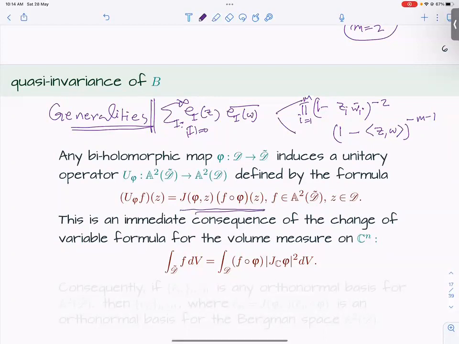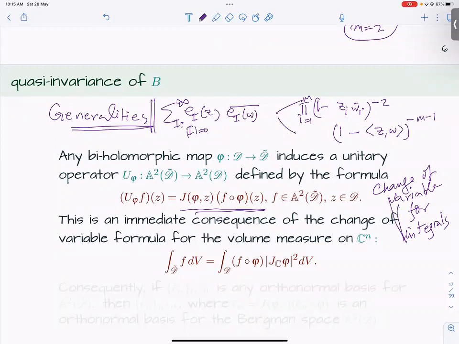I want you to remember that this formula can be thought of as the change of variable formula for integrals.